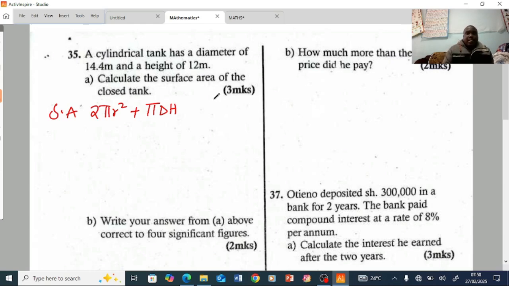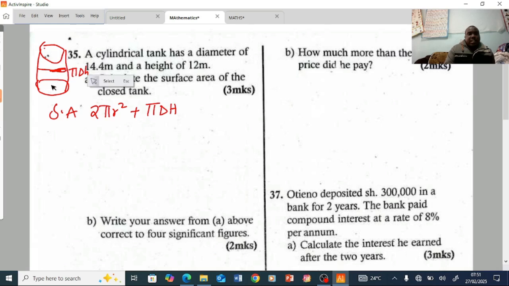That is the two circles. Because it is a cylinder, it has the circles and it has this curved surface. So to get this curved surface area, it is pi d h.